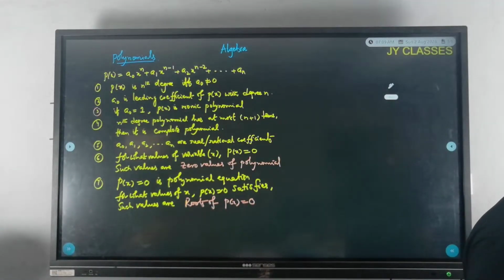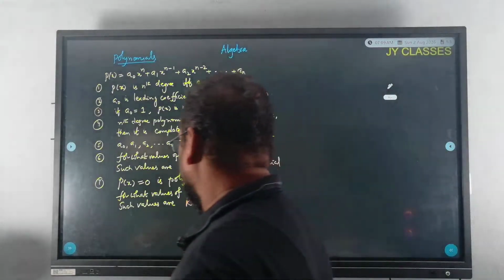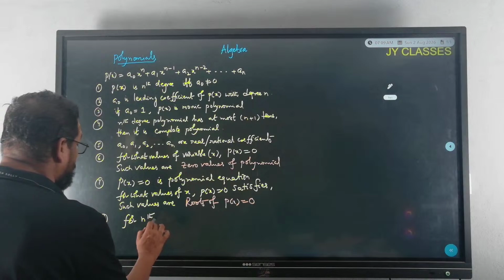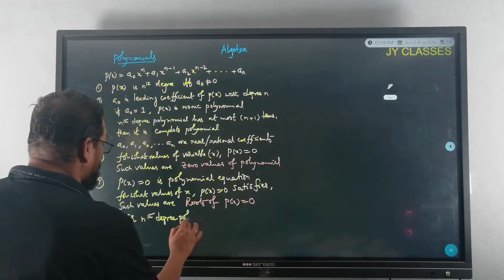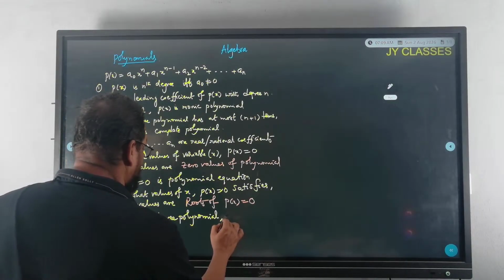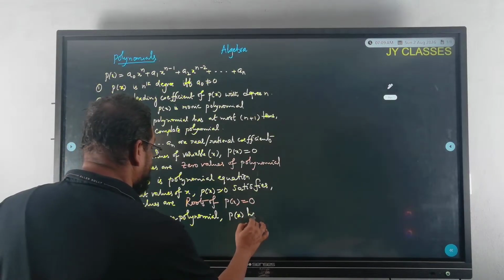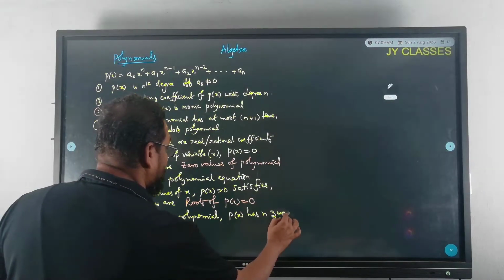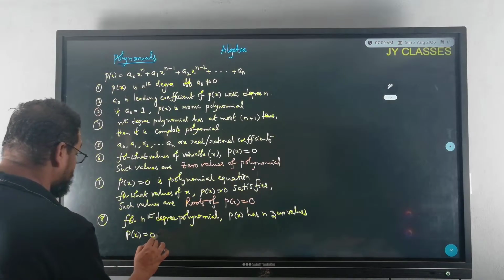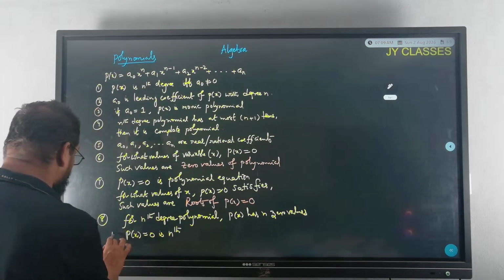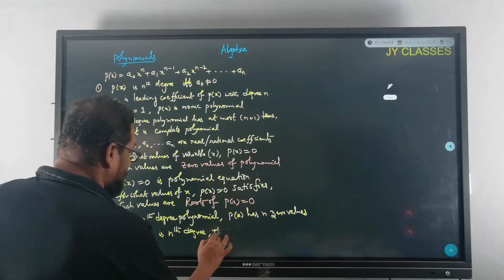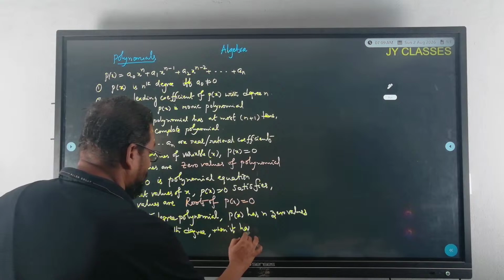So before doing the exercise, I'm giving some recollection. For an nth degree polynomial, P of x has n zero values. If P of x equal to 0 is nth degree, then it has at most n roots.